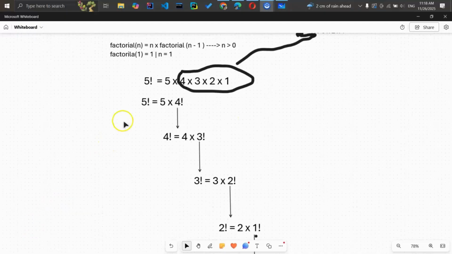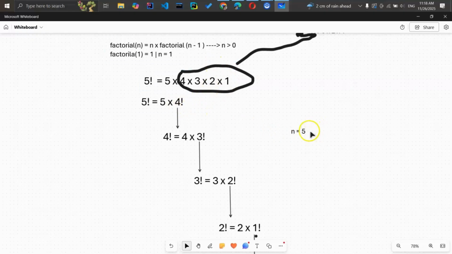Now, according to our equation, n equals 5, right? Factorial n minus 1: 5 minus 1 equals 4, right?